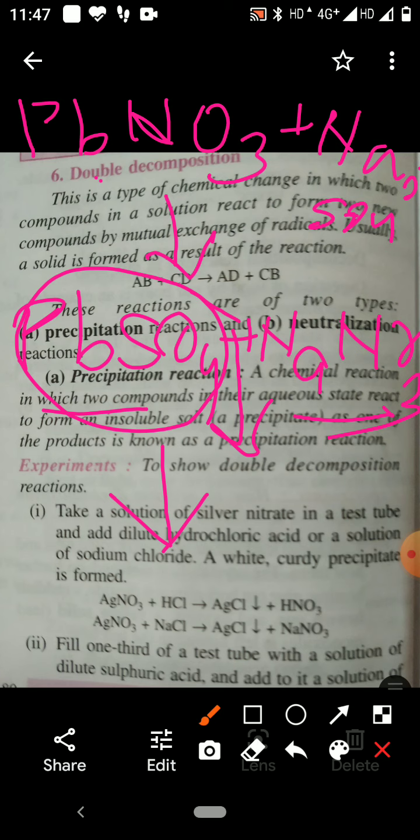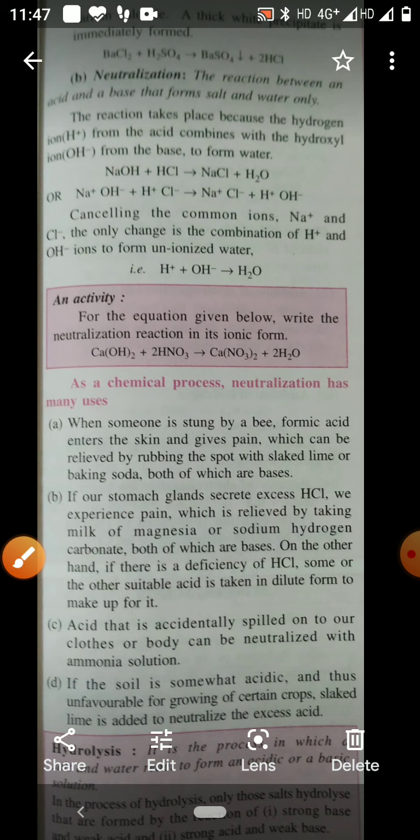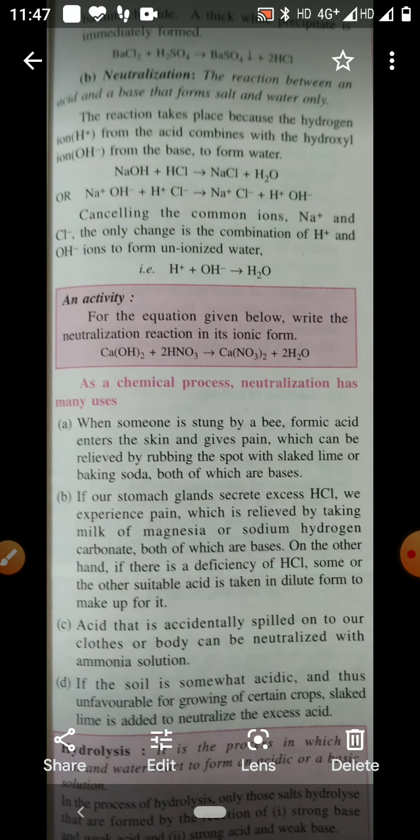There is one more type of reaction, that is called the neutralization reaction. The reaction between an acid and a base that forms salt and water only is called a neutralization reaction. It means when acid and base react together, it is also a double decomposition reaction.